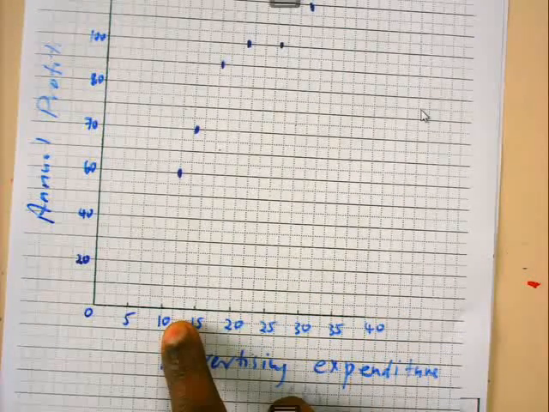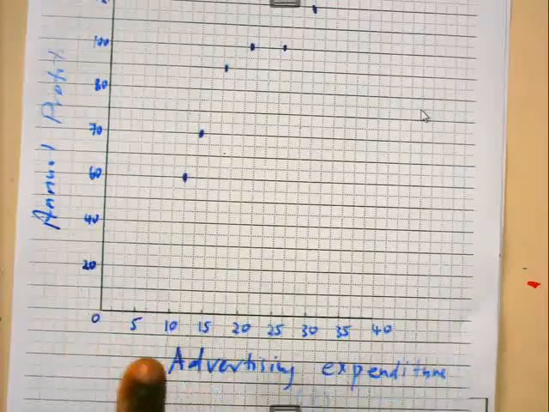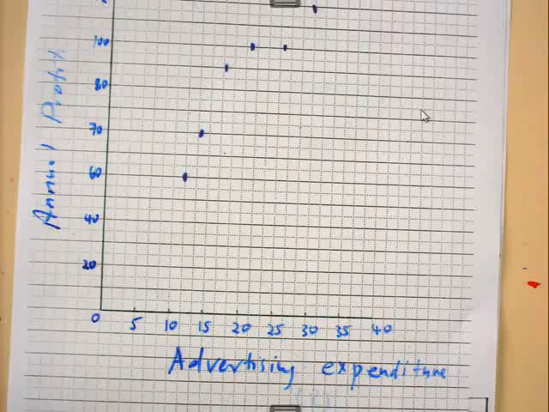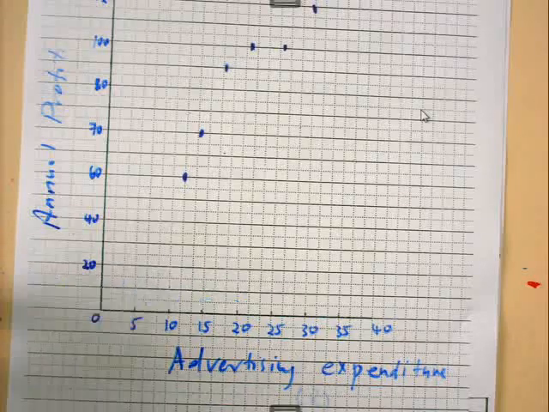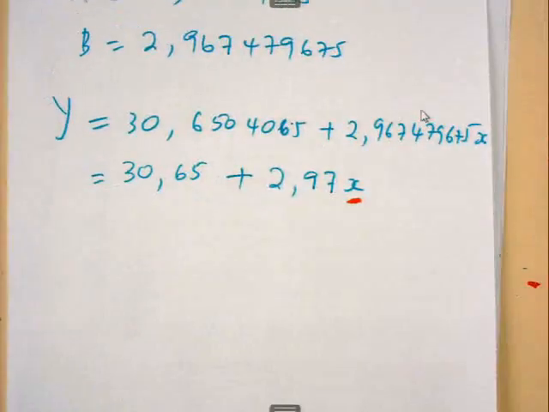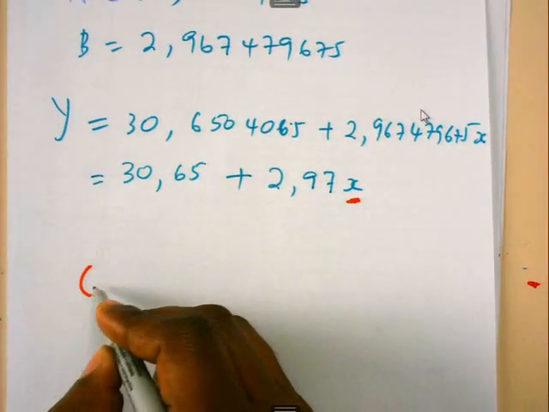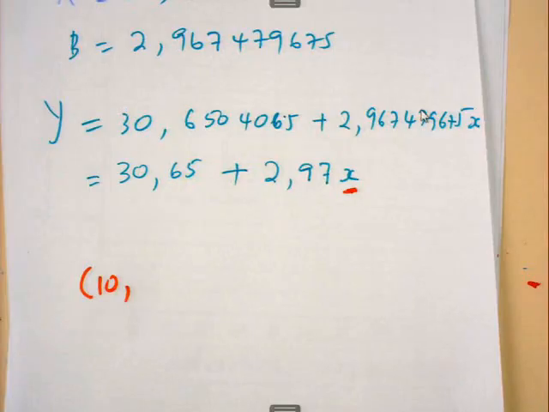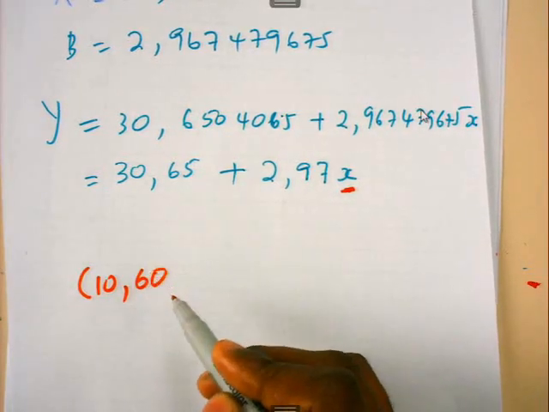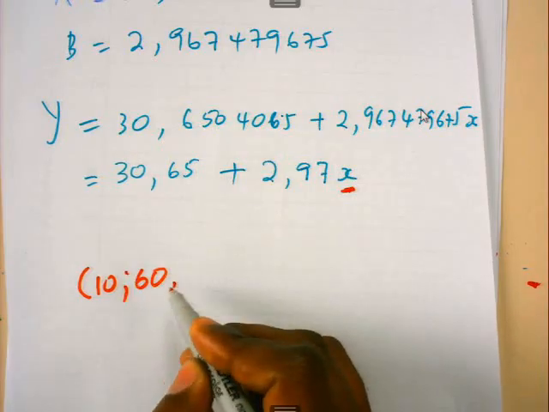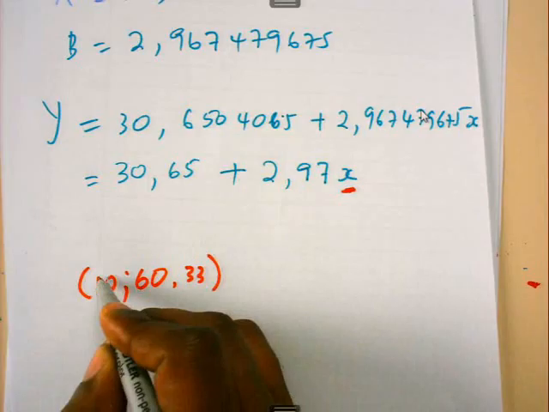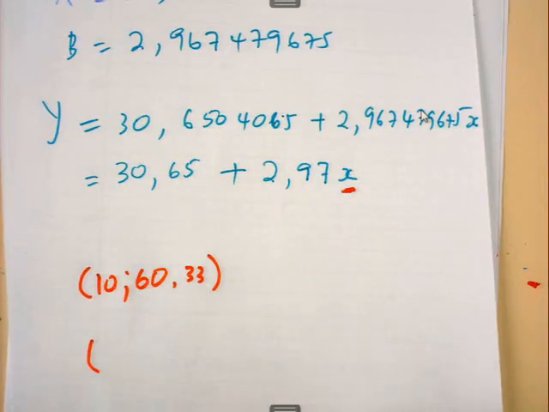Any value at the lowest and one value at the highest. We put 10 into our calculator, close brackets. If we substitute x with 10, how much will be the value of y? We say equals to, it gives me 60.33 for instance. Good. If x is 10 then y is 60.33.